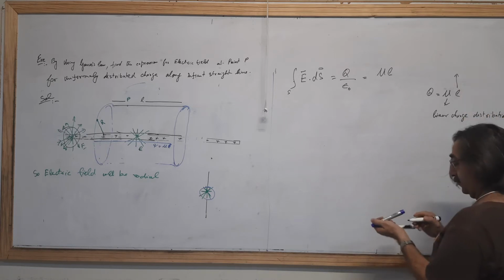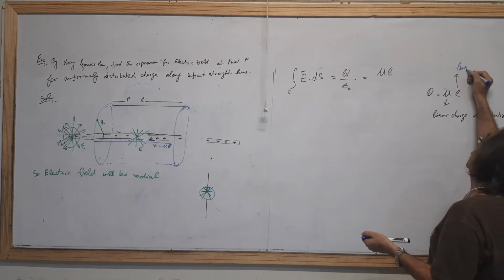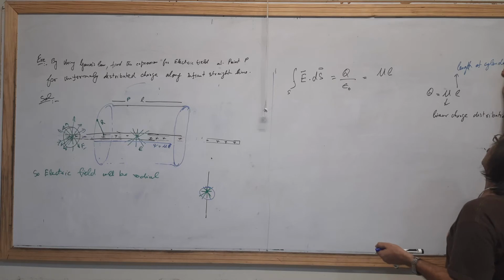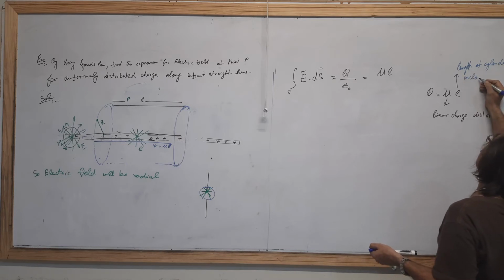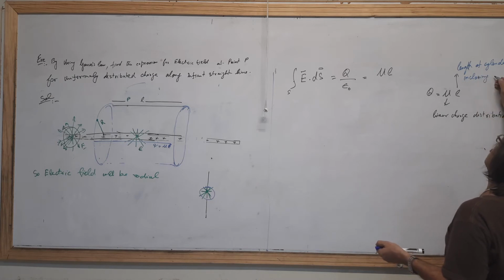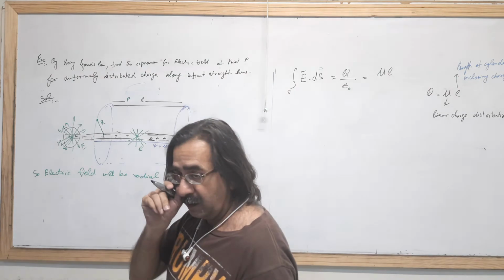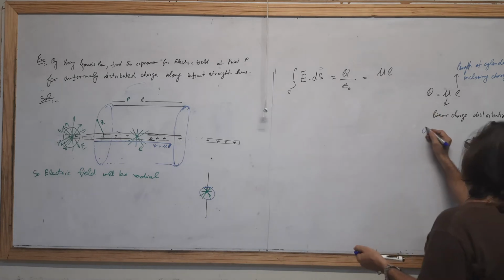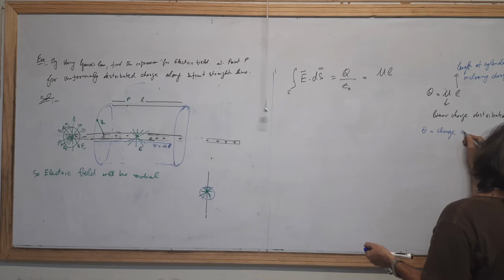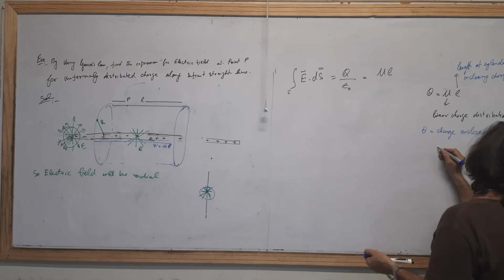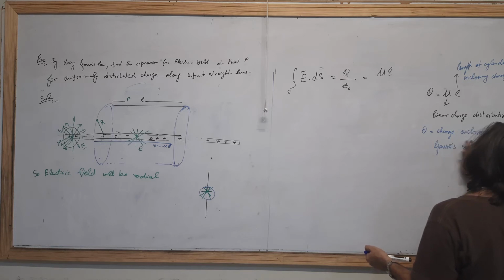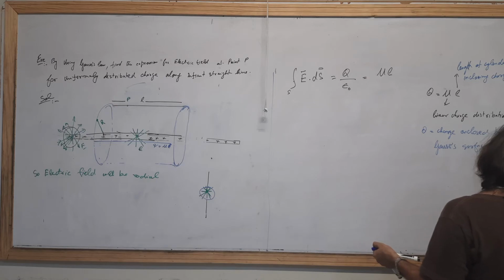And what is L? L is the length of the cylinder enclosing the charge, that is, the length of the cylinder that encloses that charge. That's why it is equal to this, because Q is the charge enclosed by the Gauss's surface, along the line.